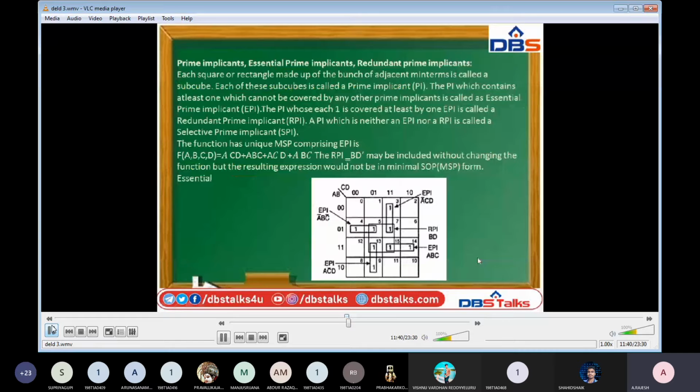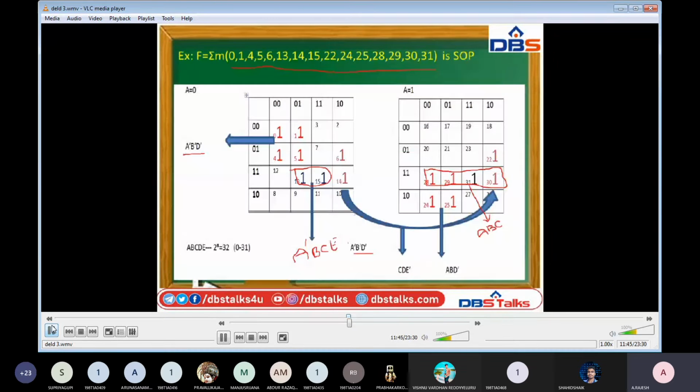Okay, so we are taking these values. For example, I have already used these two values for obtaining this quad, right? I have already used those two values for obtaining the quad. Yes, and I have already used this one for obtaining this quad.